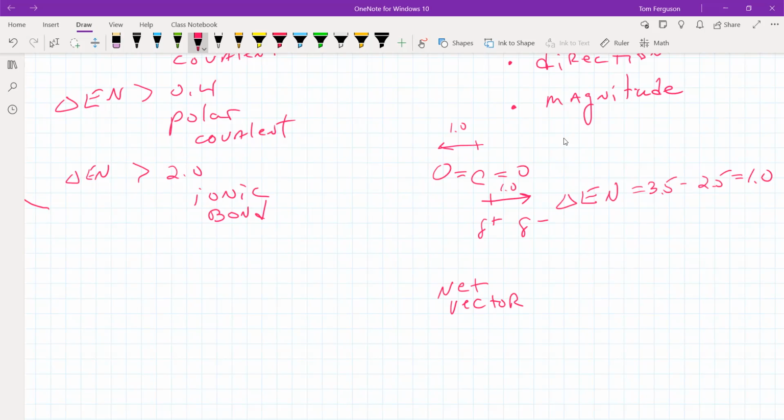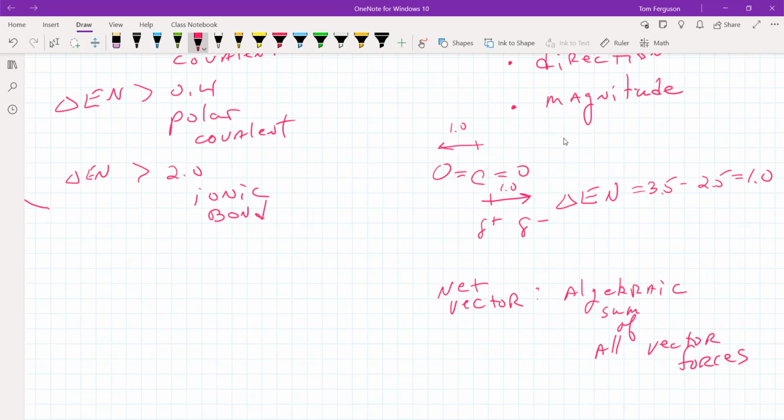Because these are 180 apart, they're going to cancel. And since the quantities are the same, the dipole is totally going away. The net vector is everything together.